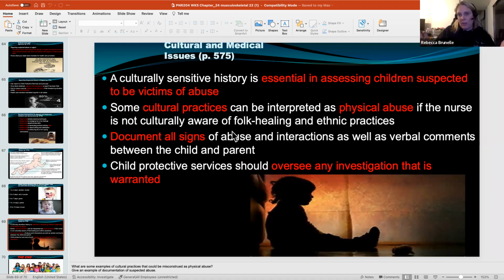Well, if you don't know what that is, that could look like abuse. So just be aware of different practices that your patients might practice, have open dialogue and ask, and don't assume that everything is abuse, and be aware of different things that might present like abuse, but you need to investigate further.